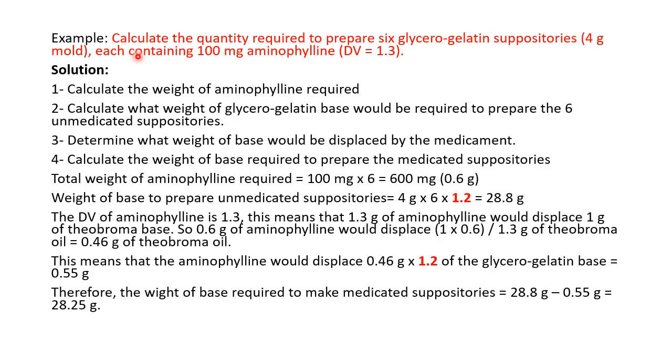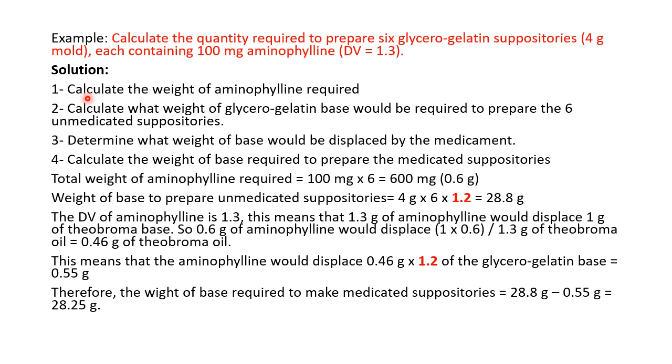In this example, you are asked to calculate the quantity required to prepare 6 glycerogelatin suppositories. Using 4 gram mold, each suppository should contain 100 milligram of aminophylline. The displacement value of the aminophylline is 1.3. So again, we follow the same steps.